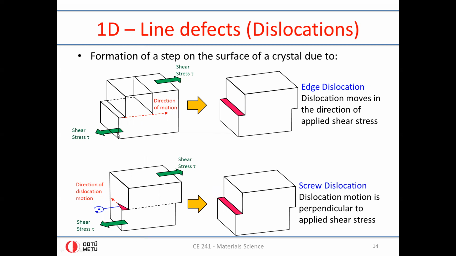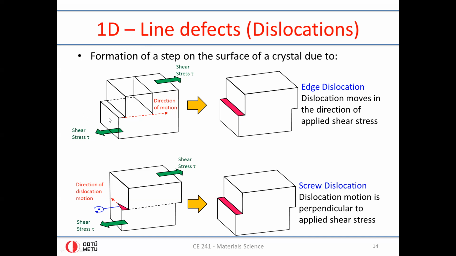So the difference is that in one case, the forces applied cause movement by the bonds here breaking and new bonds being formed, and then those breaking and new bonds being formed.